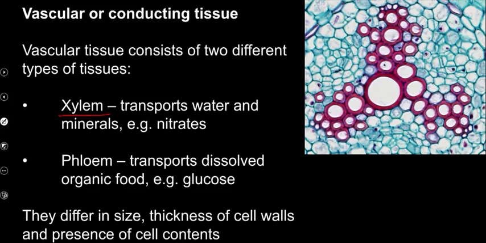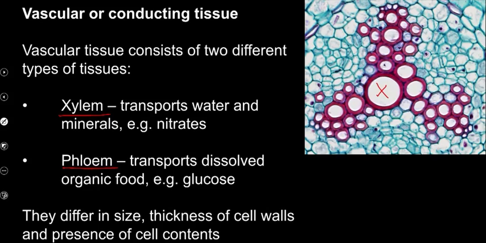And this is a picture taken under a microscope, and that is a xylem vessel, and the hole in the middle would be where it transports water. Water's got to go from the roots up the plant. The leaves use the water to make food, and the food has to go back down to the root.